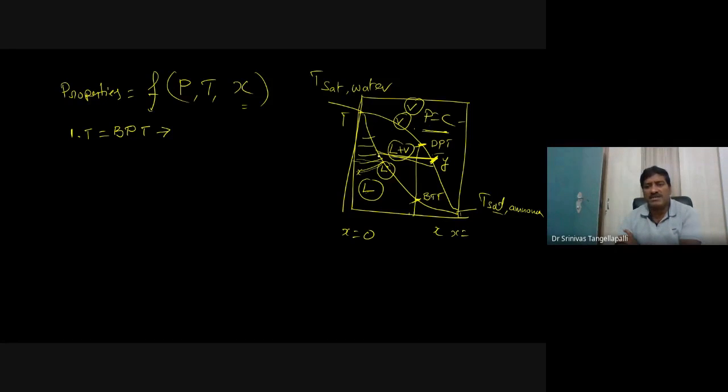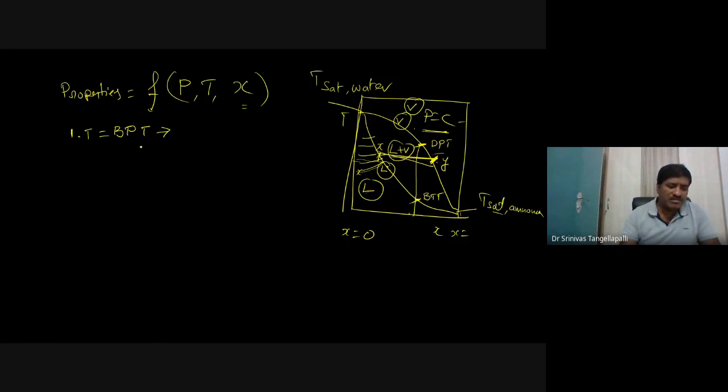X is the concentration in the liquid part, and y is the concentration in the vapor part. So x is used to find the bubble point temperature. Y is used to find the dew point temperature. There are equations available to find y as a function of x. So from given pressure and concentration, we can calculate the bubble point temperature as well as the dew point temperature.